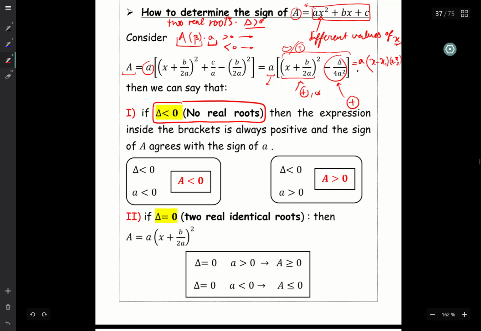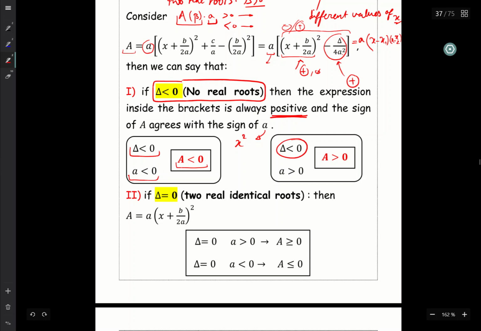Then the expression inside the brackets is always positive, and the sign of A agrees with the sign of a x squared. So if delta is negative and a is negative, the quadratic equation is negative. If delta is negative, we don't have any real roots, and a is positive, our quadratic equation is positive.